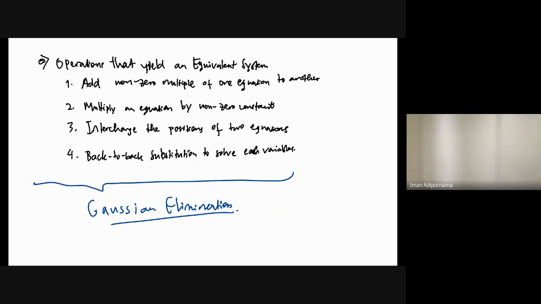But imagine when you have 5, 6, or 7 variables. How do you solve that, and make the process really effective and the solution faster? So let me go through the Gaussian elimination.